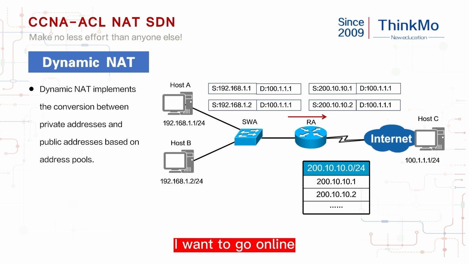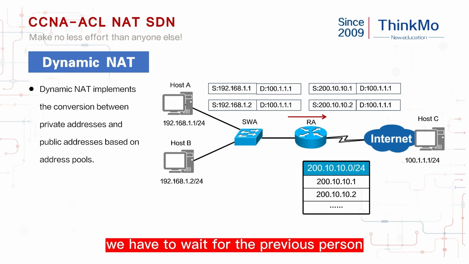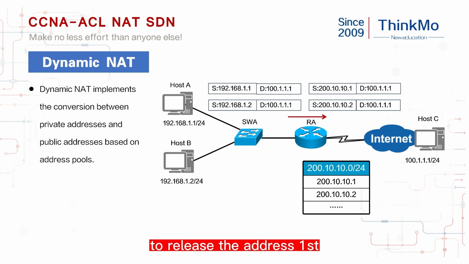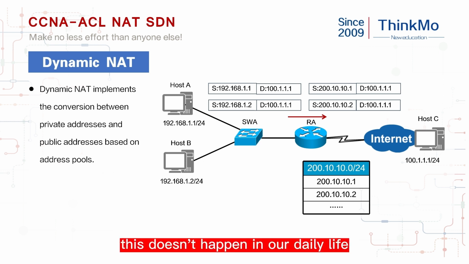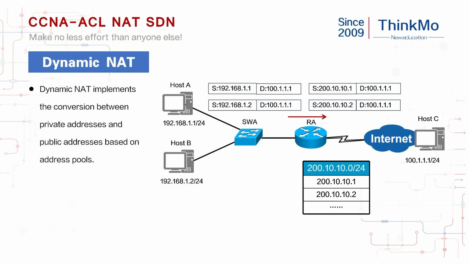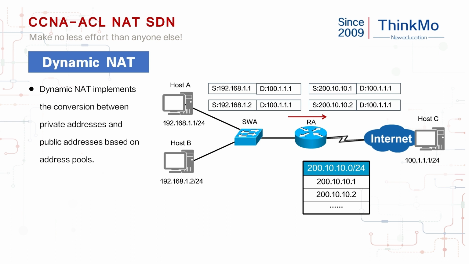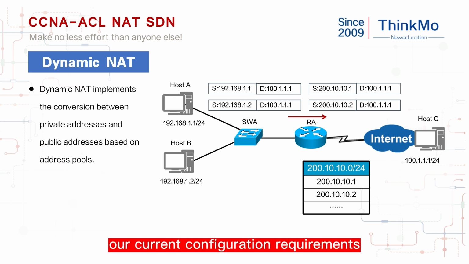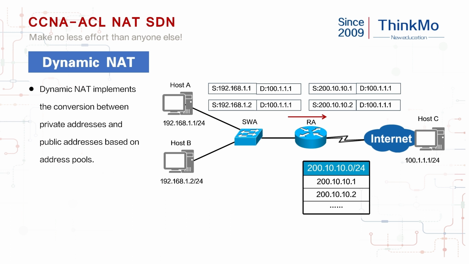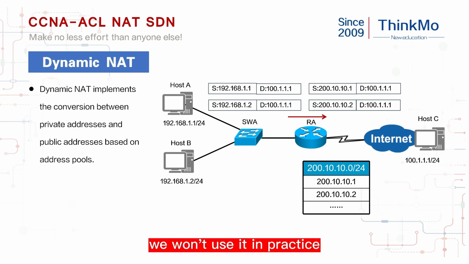I want to go online, but we have to wait for the previous person to release the address first, and then I go online. This doesn't happen in our daily life. Even though it can recycle addresses and reuse them, for the high concurrency traffic in the current network, it is far from meeting our requirements. We won't use it in practice.